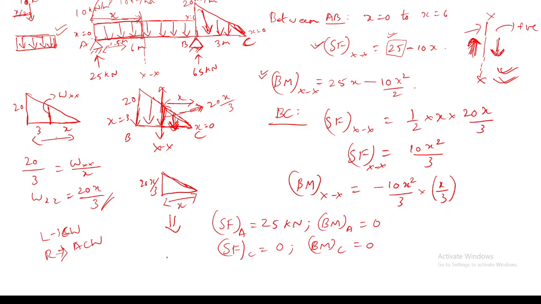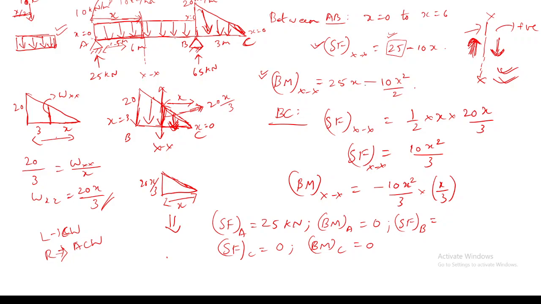Now coming to what is the shear force at point B? Anyone? What is the shear force at point B? 30. Someone was saying 30 and someone was saying a different answer, right?